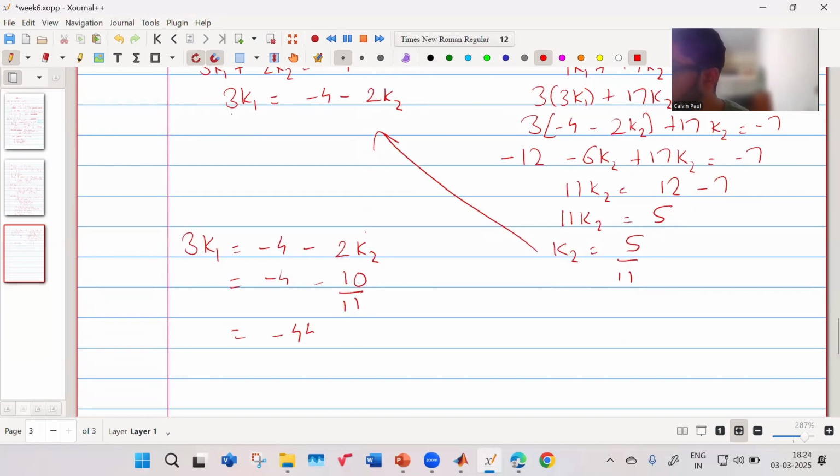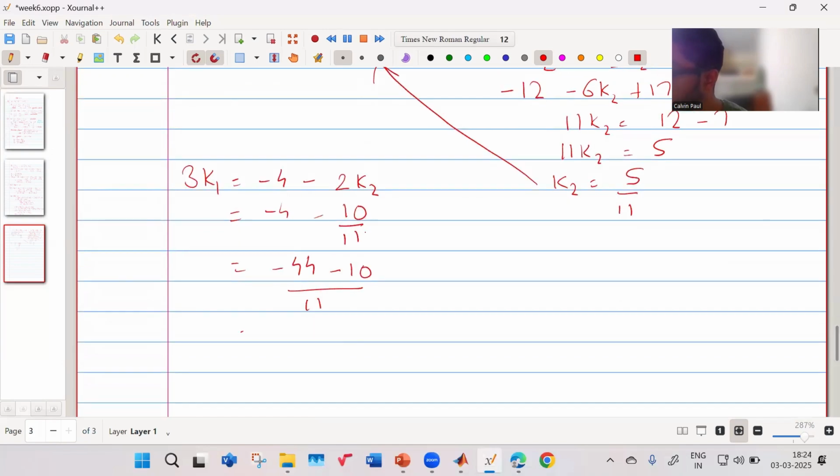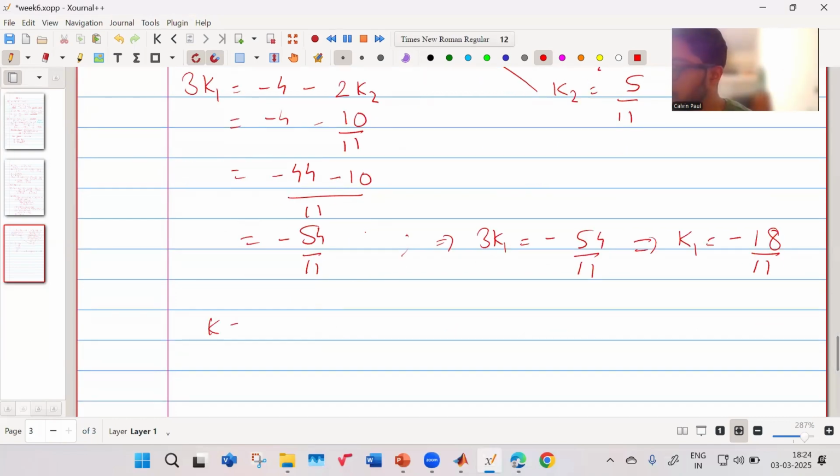So it is minus 44 minus 10 upon 11. So it is equal to minus 54 upon 11. This means 3k1 is equal to minus 54 upon 11. So this implies k1 is equal to minus 18 by 11. Okay, so the gain vector, which is k1, k2, is found out to be minus 18 upon 11, comma 5 upon 11.